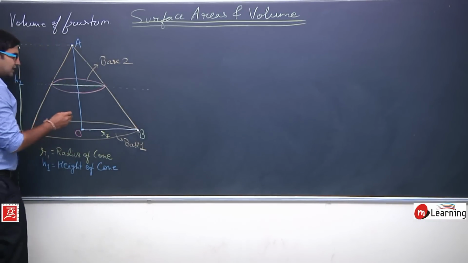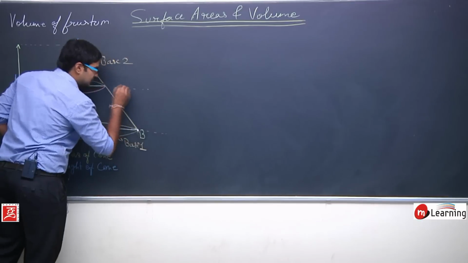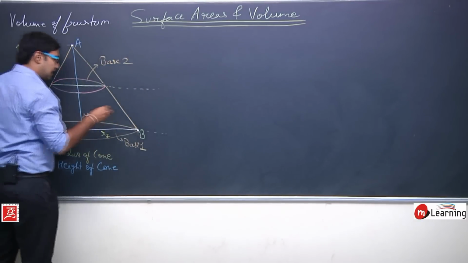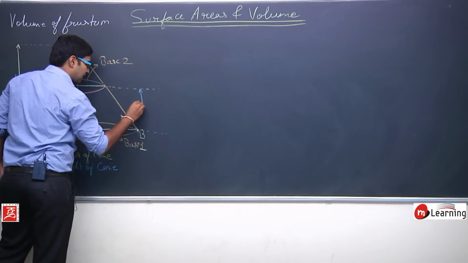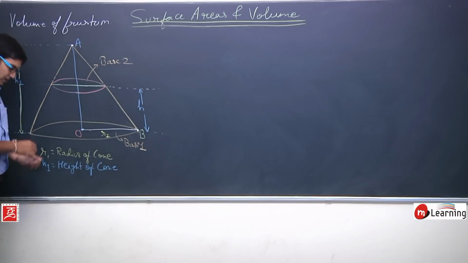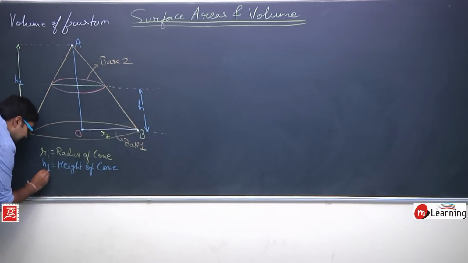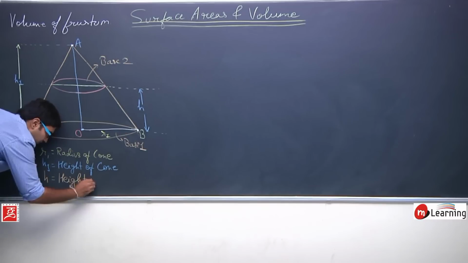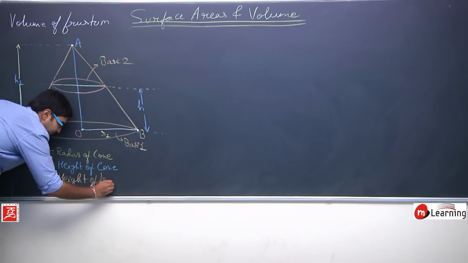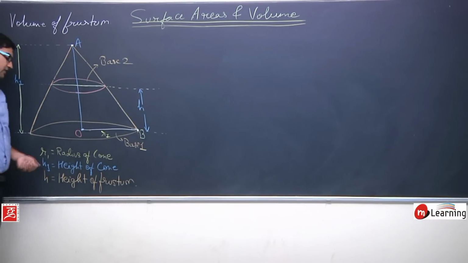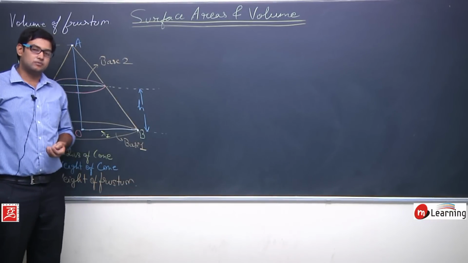So definitely here I will mark the height of the frustum as the distance between the two faces as this one, and I will represent the height of frustum by h. Okay, so h will represent height of frustum. So this is another terminology that we have defined.